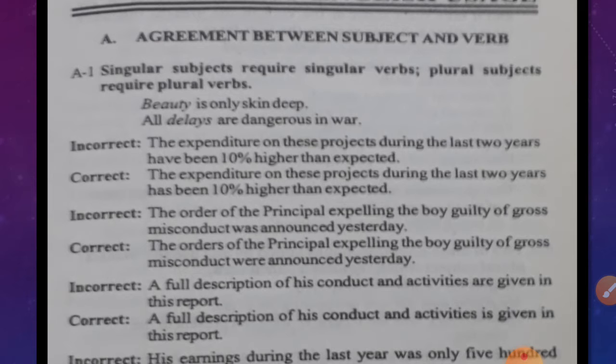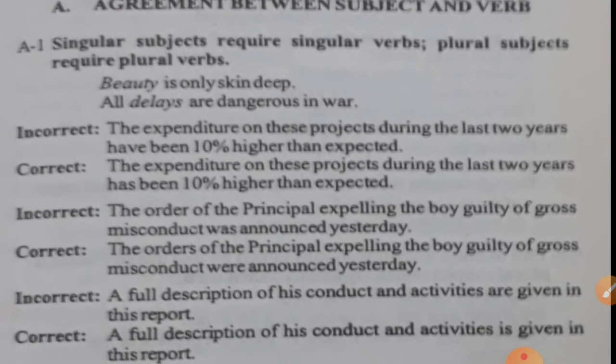Here you can see beauty is a singular noun. So if we have to choose from is, am, or are, we will have to put is, because beauty is a singular noun.